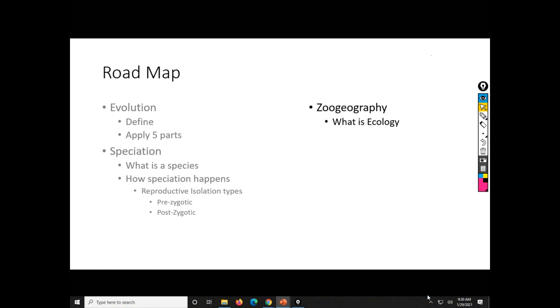Okay, so the last thing we want to talk about in here is to do a little bit of ecology and wrap that up in what's called zoogeography.